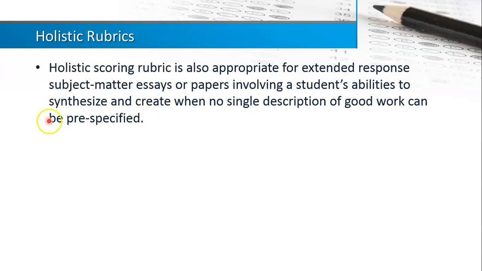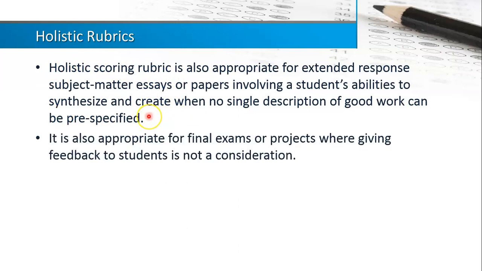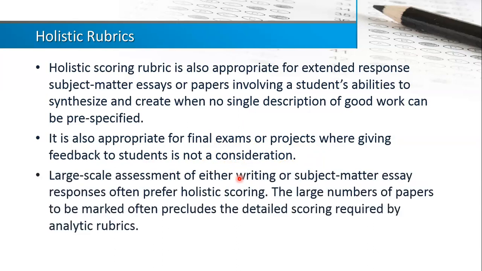This means the holistic rubric is more on the student's overall work and not really on the student's knowledge of specific content. It is also appropriate for final exams or projects, where giving feedback to the student is not a consideration. So these are some purposes and ways of using holistic rubrics.